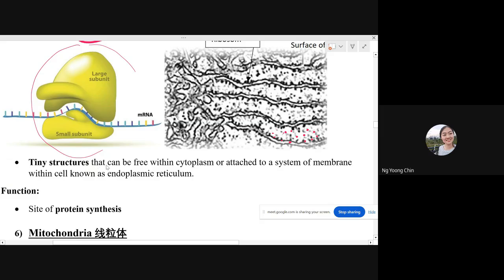They are found in the cytoplasm or attached to the membrane, which refers to the ER, because the endoplasmic reticulum is a kind of membrane. Their function is to synthesize protein only. That's all.